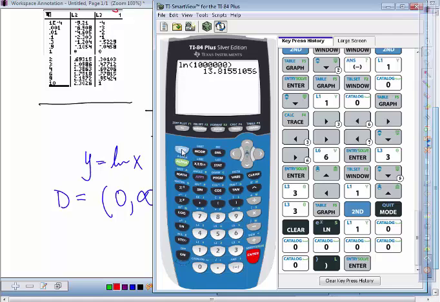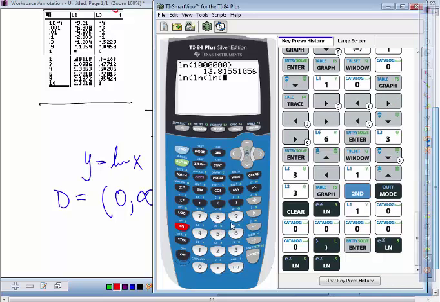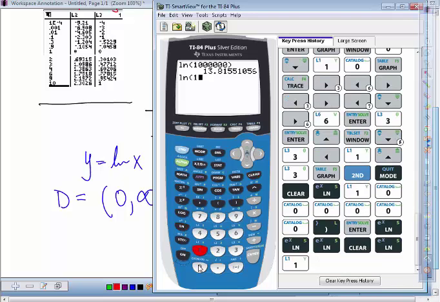Let's use scientific notation. Let's find ln of 10, and scientific notation is that E, the double E. If I press second function and the comma, now I'm ready to put 10 times 10 to whatever power.